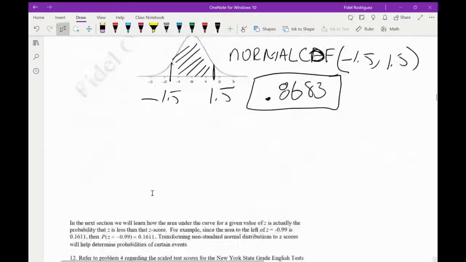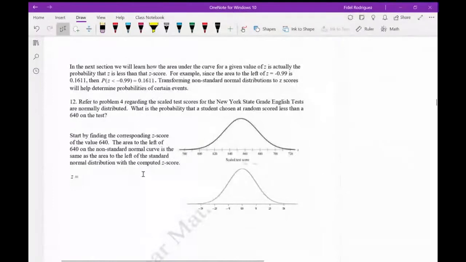So let me scroll a little bit further. Okay, this is a good problem that we're going to do right here, and I like it because it helps you figure out what's happening. It says, in the next section, we're going to learn how to use the area under the curve for a given value of z, which is actually the probability that z is less than that z-score.